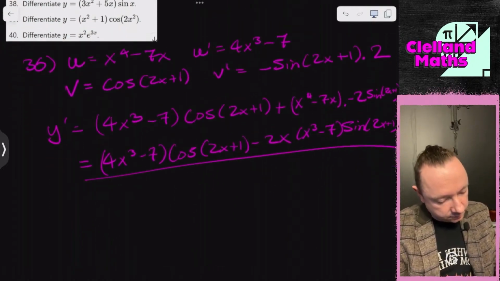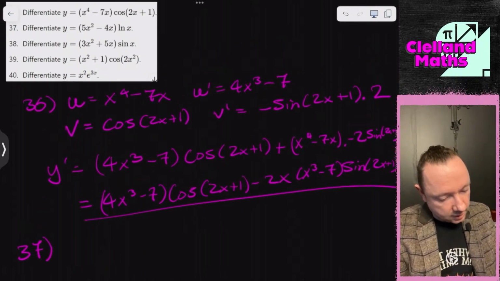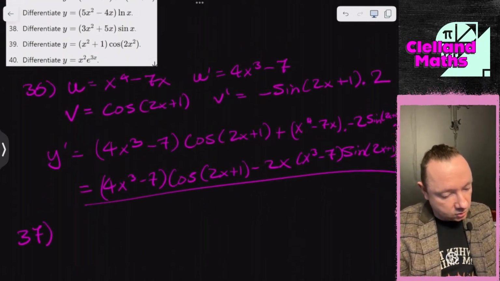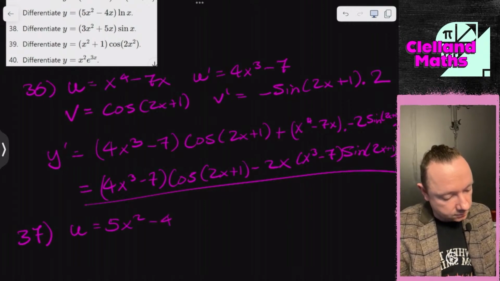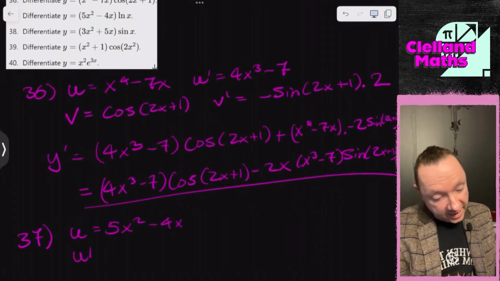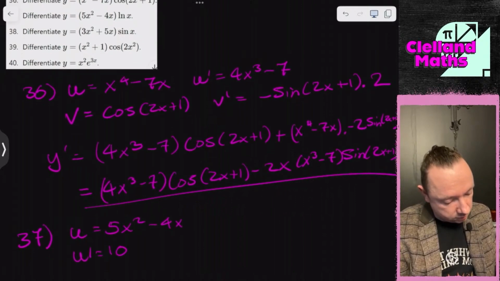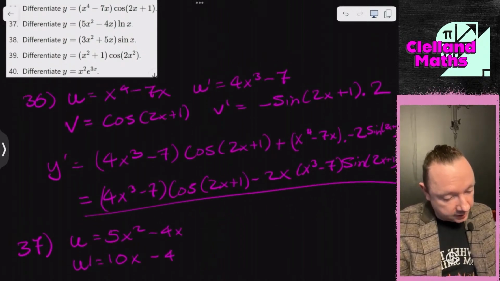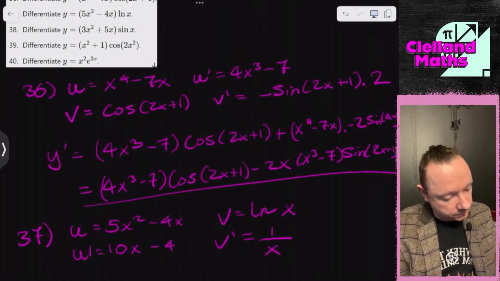37. We have to differentiate that. So u is 5x squared minus 4x, u dash is 10x minus 4. And v, we're on 37, yep, log x, and v dash goes to 1 over x, I hope you know.